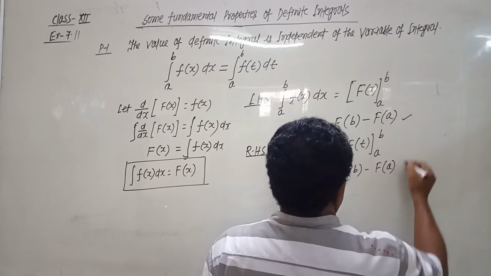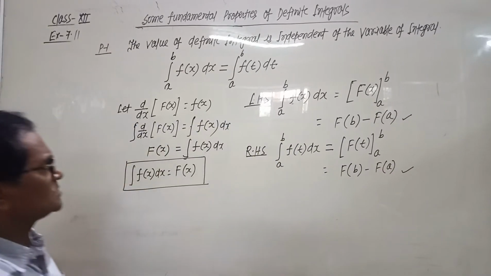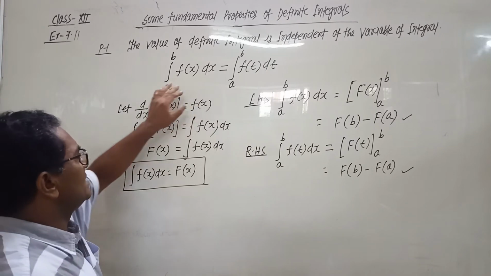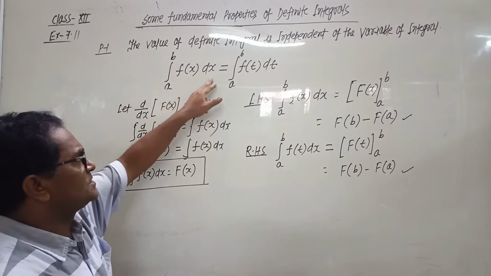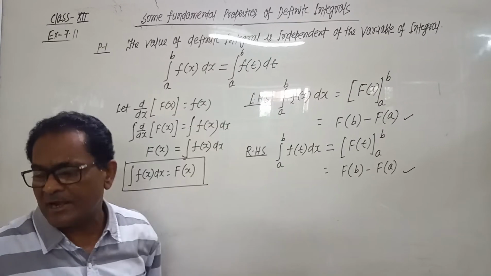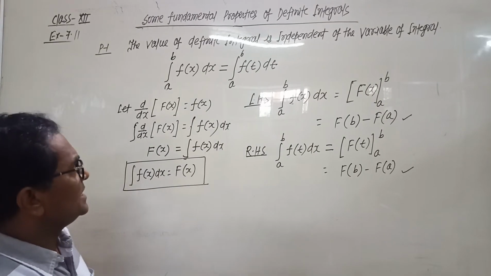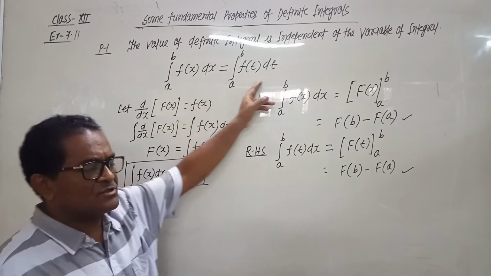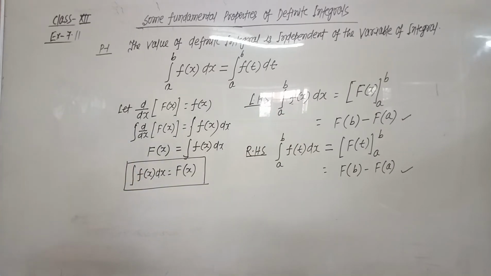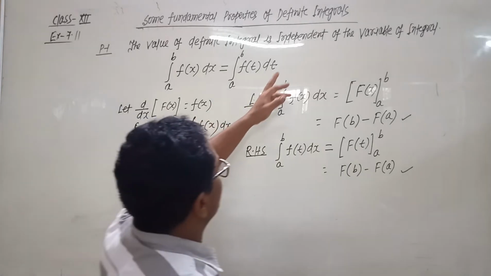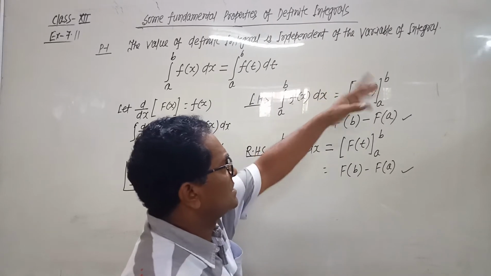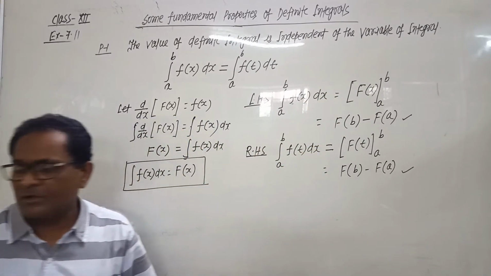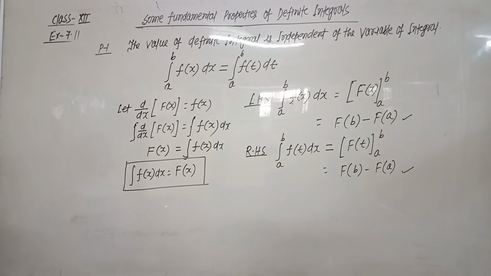So LHS is equal to RHS. This property has proved that integration a to b f(x) dx equals integration a to b f(t) dt. It means if the variable gets changed, the integral remains the same. The value of definite integral doesn't depend on the variable of integral.